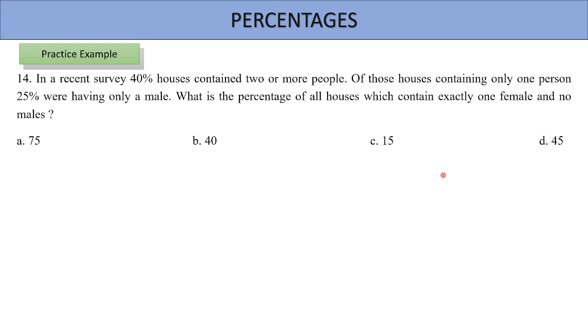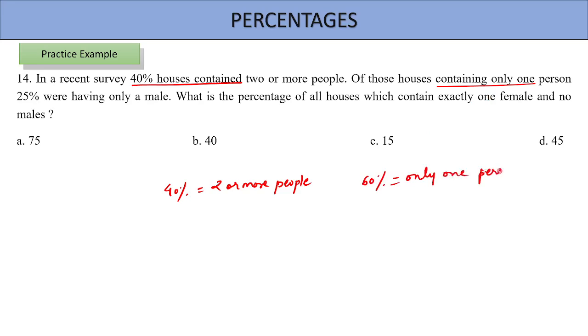In a recent survey, 40% of the houses contain two or more people. Of those houses containing only one person, so we will assume that 60% of the houses contain only one person, 25% were having only male, and the remaining 75% will have female.